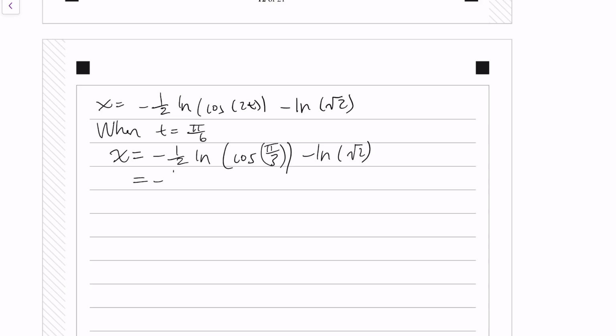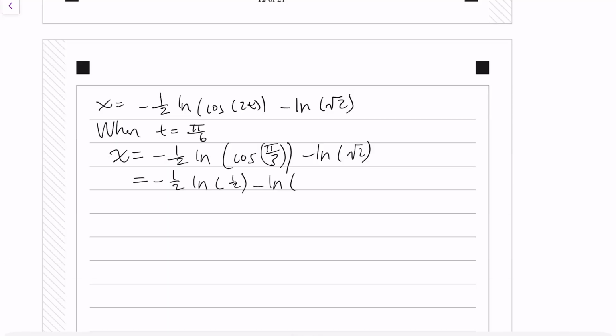Okay, I know that cos pi over 3 is a half, minus ln square root of 2. And then now, what can I do?